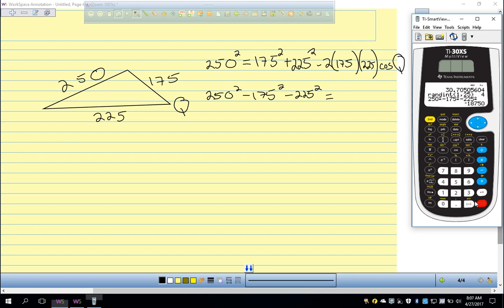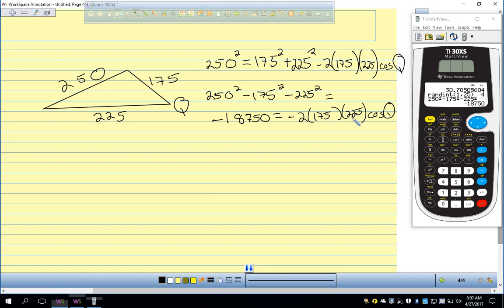And if I do that, I get a negative big number, negative 18750, okay? But negative 18750 is equal to negative 2 times 175 times 225 times the cosine of Q, right? So now what do I do? How do I get cosine of Q by itself?